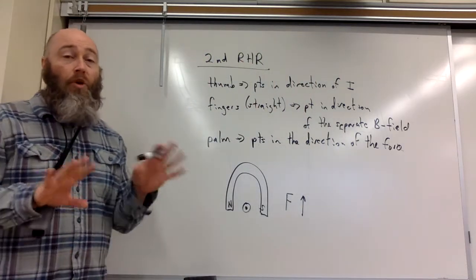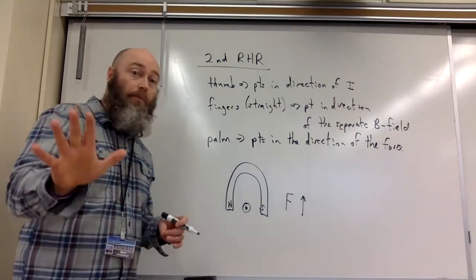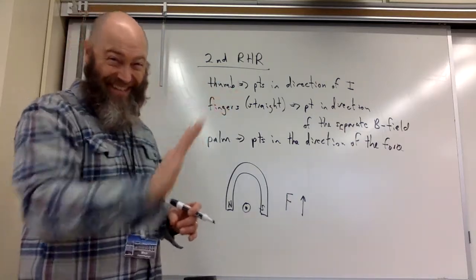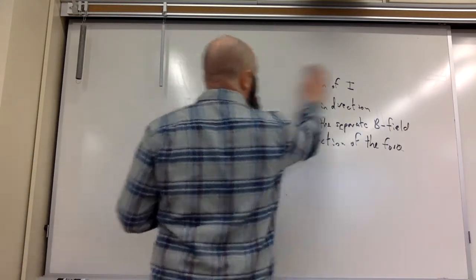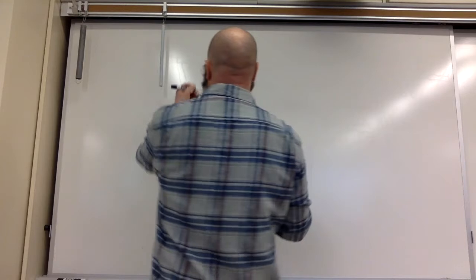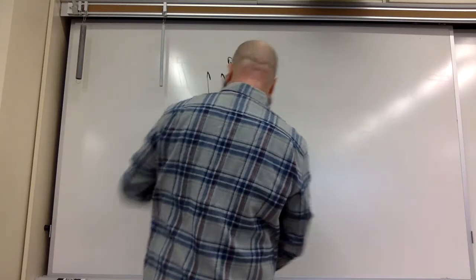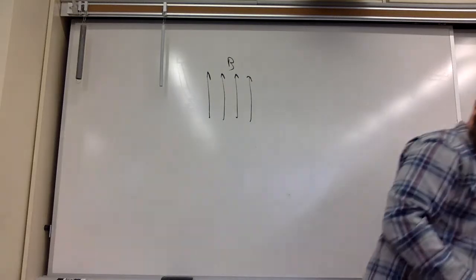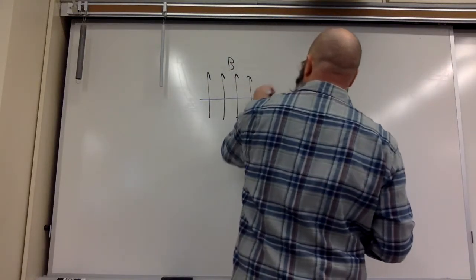I'm going to write a couple more examples, and then I want you to practice them. It is really important that you can do this, and you have to use your right-hand rule. So let's say I have a separate magnetic field pointing this way, and a current going that way.